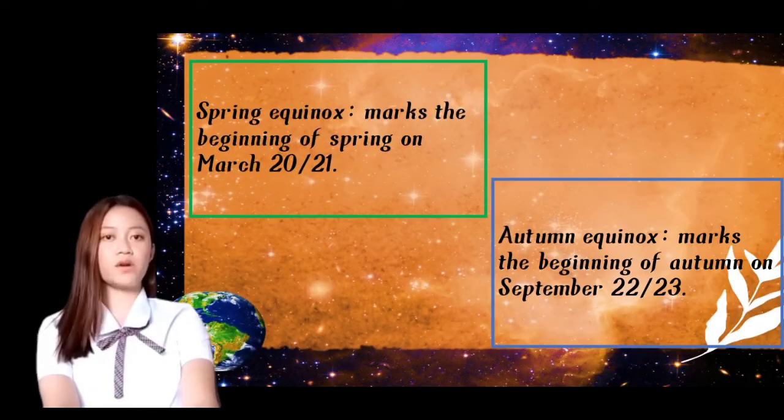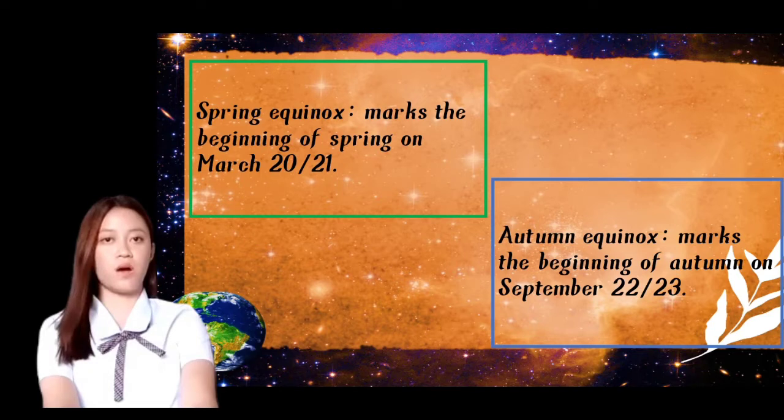The spring equinox, when the sun crosses the equator's plane towards the appropriate hemisphere, making day and night equal in length. It occurs around March 21 in the northern hemisphere and September 23 in the southern hemisphere. Vernal is the Latin word for spring equinox, two moments in the year when the sun is exactly above the equator and day and night are equal length.